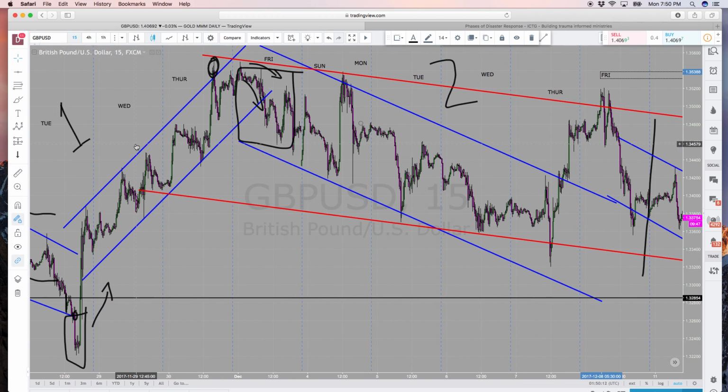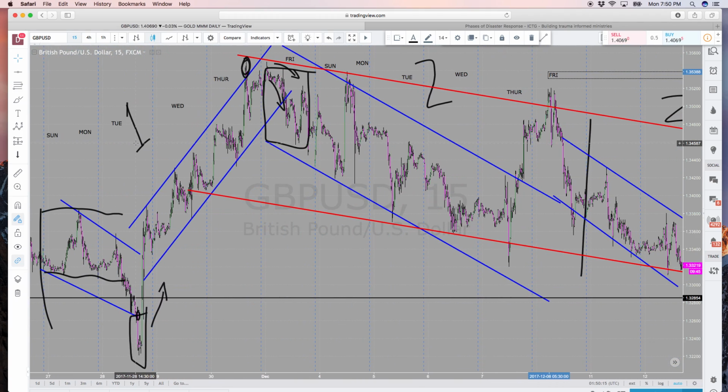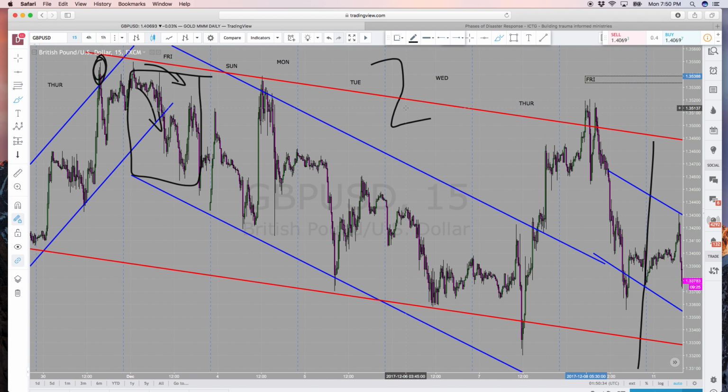How is it any different from the previous week? Right? This is week 1. This is week 2. How is this week any different from this previous week? Well, it's only inverse. That's the only difference. It's just inverse, right?